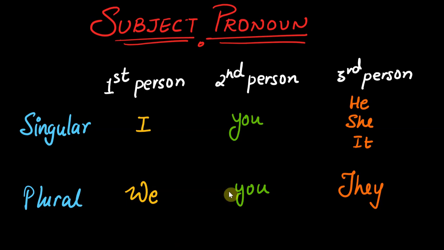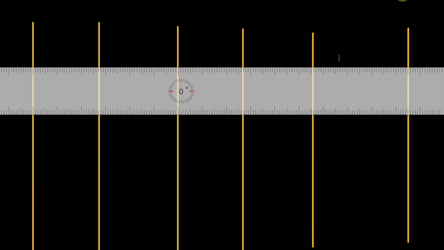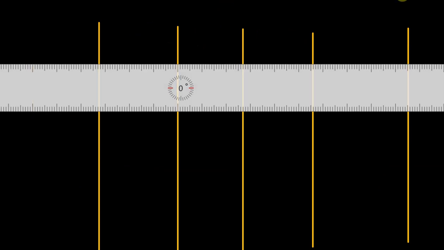Now let us move to the next topic. Draw the table.